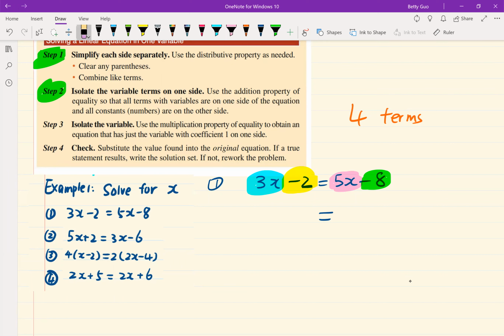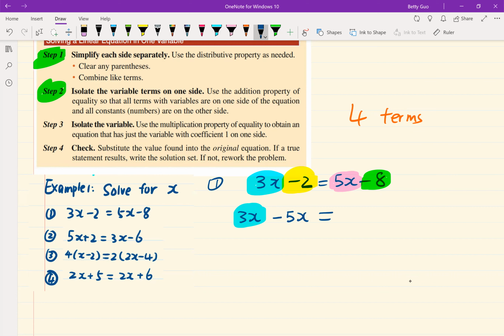What we can do is copy 3x, the blue term. And then we move 5x, the pink term, over. Please don't forget to change the sign in front of it. We move 5x over, and we flip the sign in front of it.